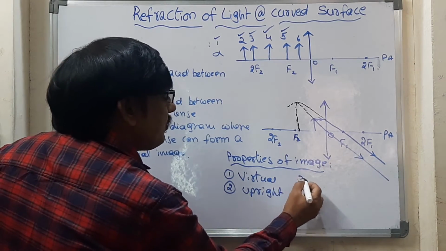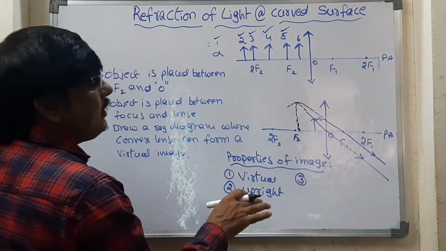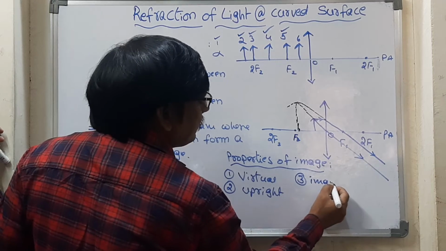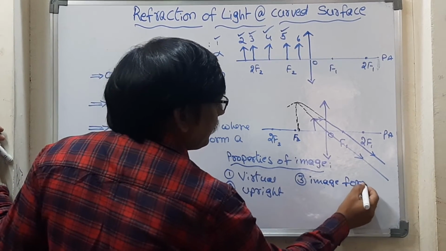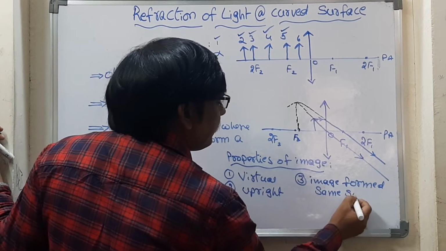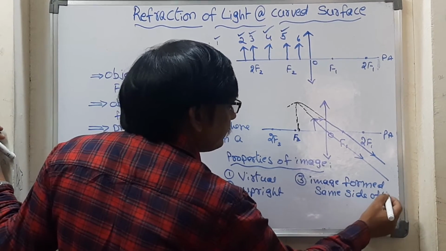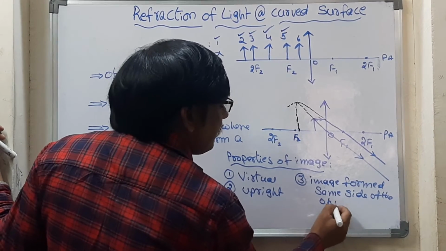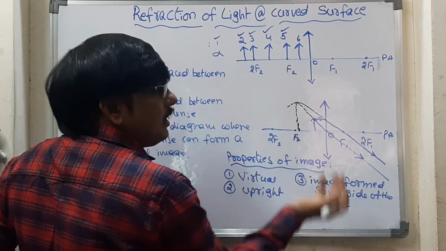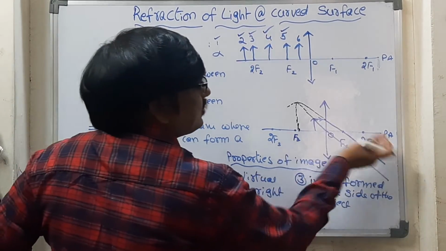And what is the next property? The third property is where the image is formed: the image is formed on the same side of the object. Where is the object? This is the object. The image is forming on the object side only. But in all the remaining cases, the object is on this side and the image forms on that side.